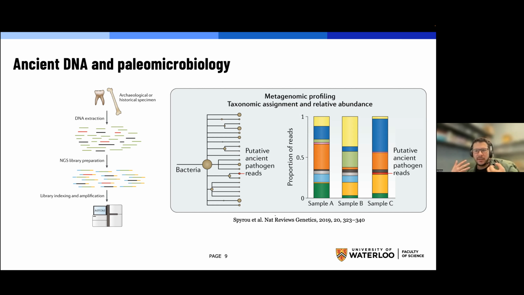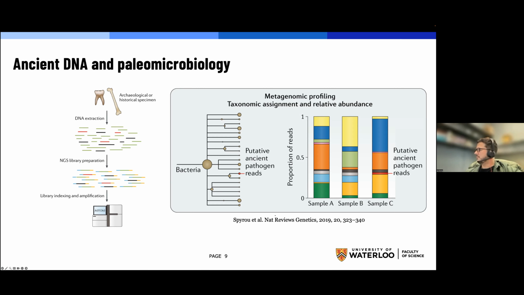You can take standard methods that we apply to modern metagenomic samples and use those to analyze these ancient DNA data sets as well. For example, one can take the individual reads and assign putative taxonomy to each of those reads. We can compare them to the database of microbial genomes that we have available now, and try to assign them their taxonomic origin.